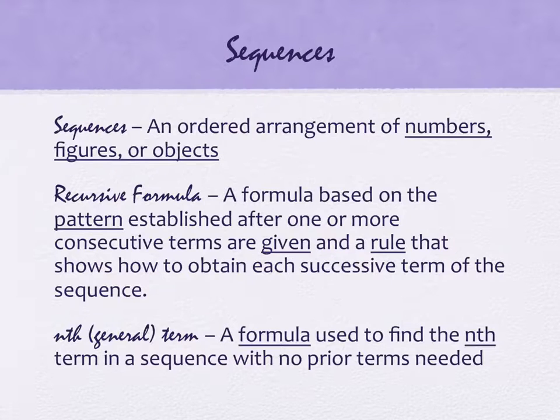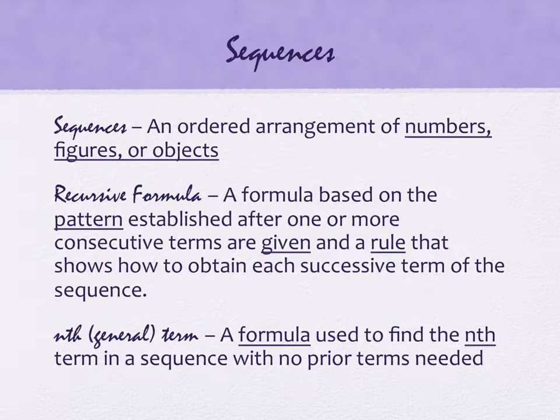Sequences. Sequences are an ordered arrangement of numbers, figures, or objects. Children work with sequences really, really young, like pre-K. So those of you, raise your hand if you're one of my early childhood folk. About half the class.